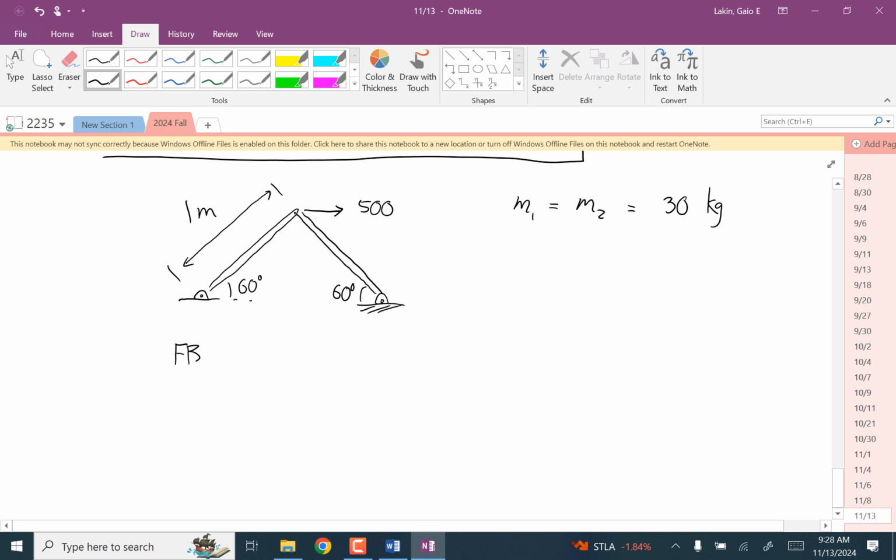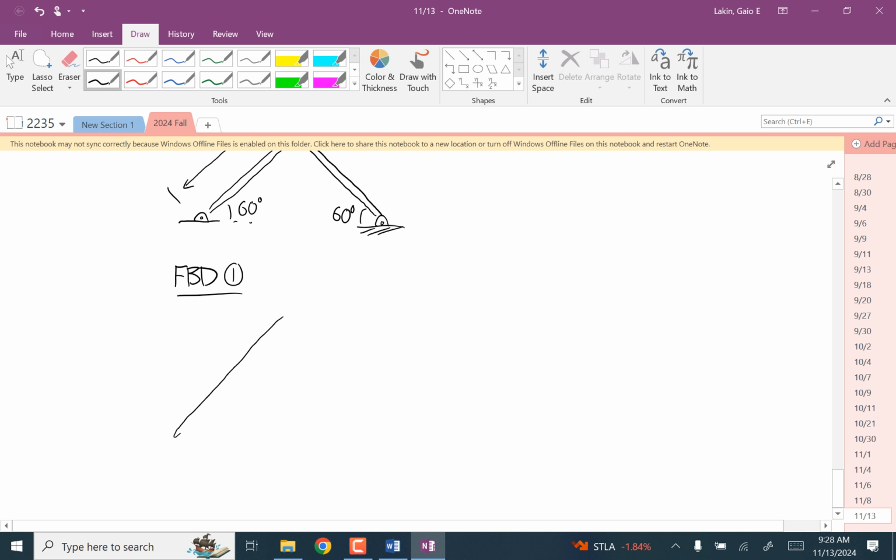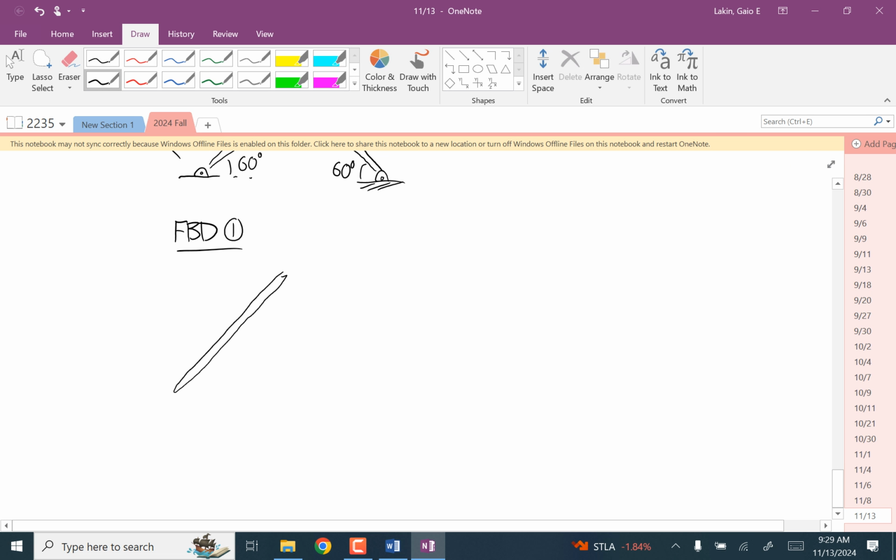Then a free body diagram of one of these members, after you calculate those external loads, is going to have a distributed load like this. And up here, you'd have your F12 and your 500 Newton force.